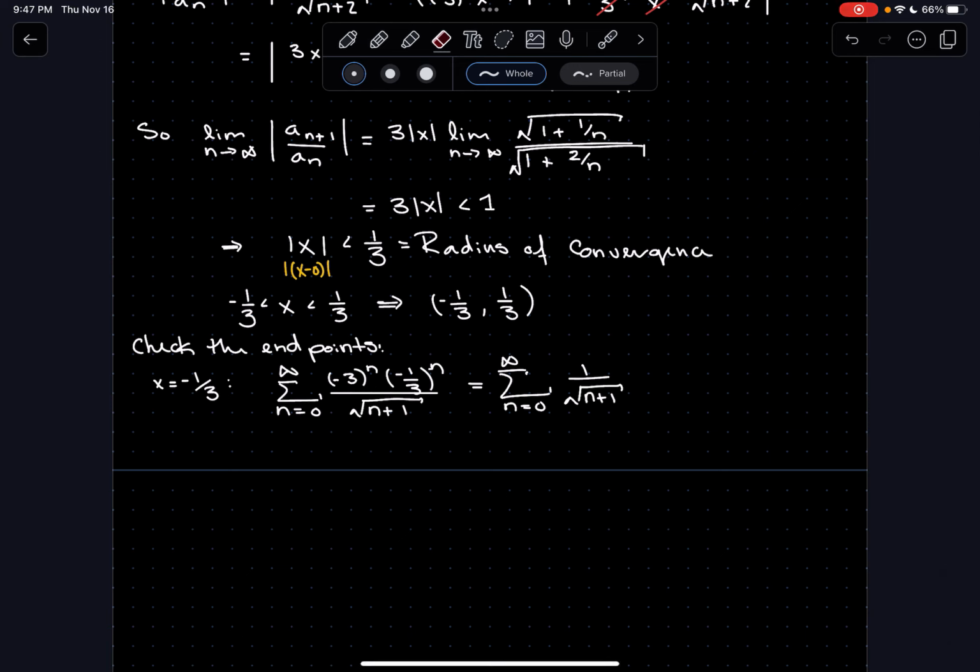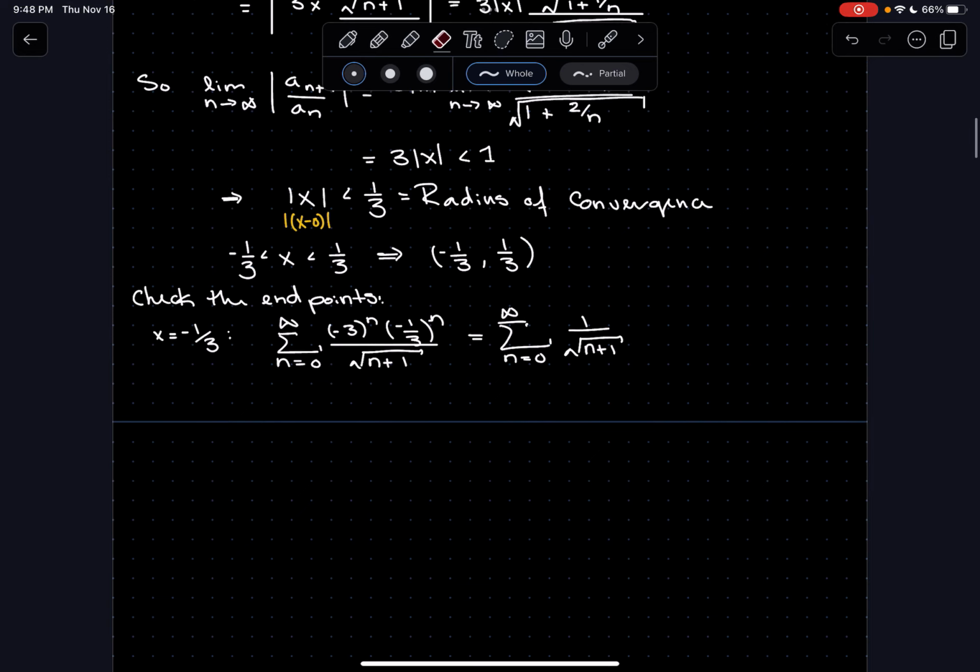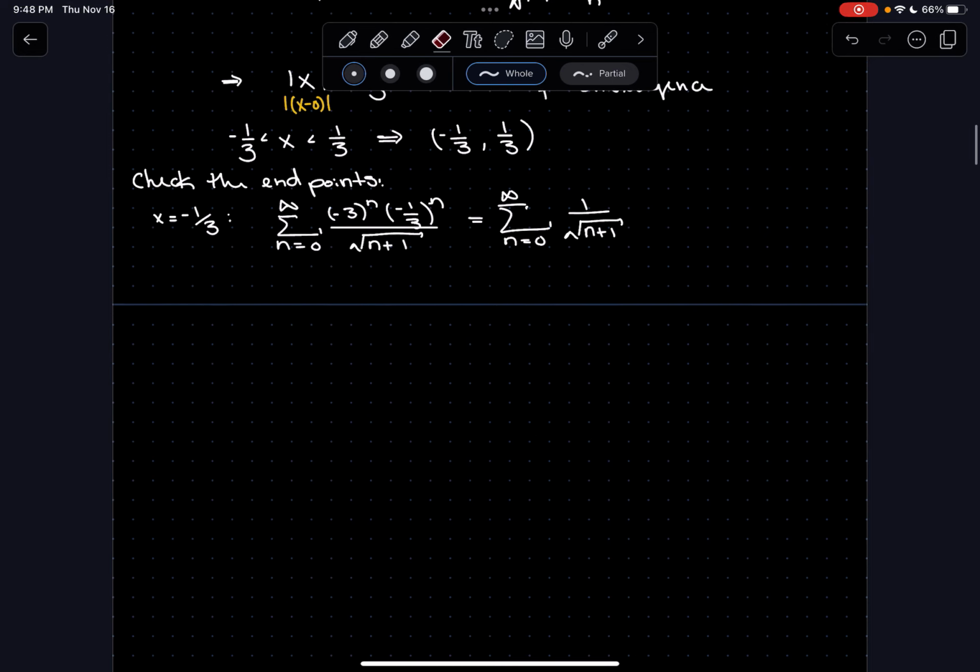And so how can we test the convergence of this? It's not alternating. You could maybe do a comparison test. But I think the easiest thing to do would be the integral test. So integral test, right?